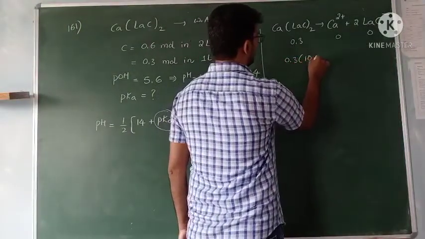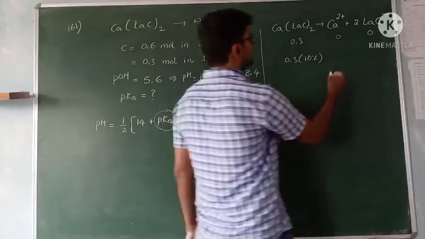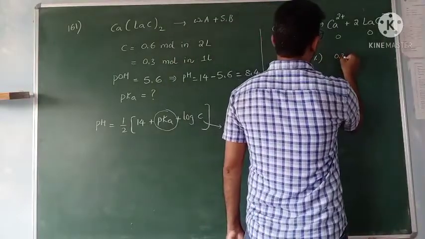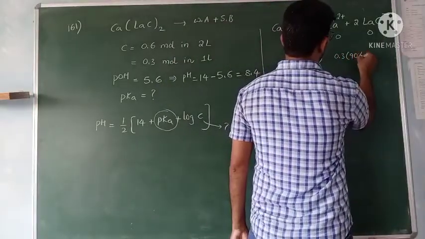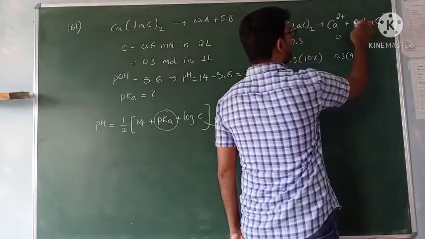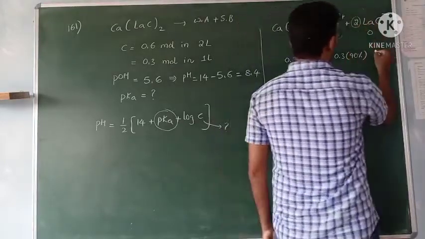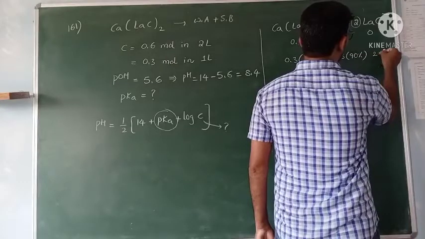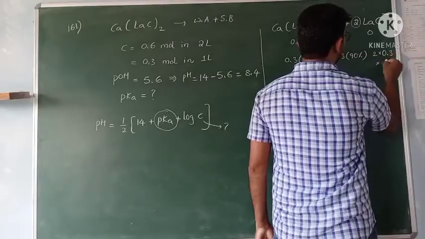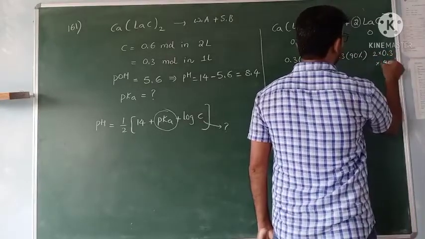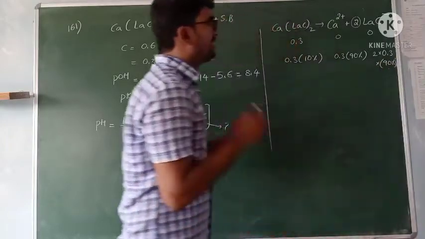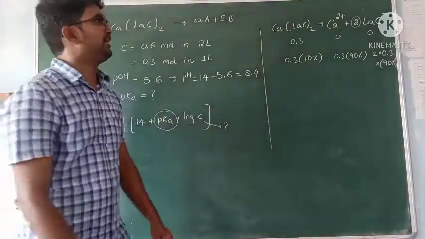Product side: 0.3 into 90%. And 2 moles are there, so 2 into 0.3 into 90%.